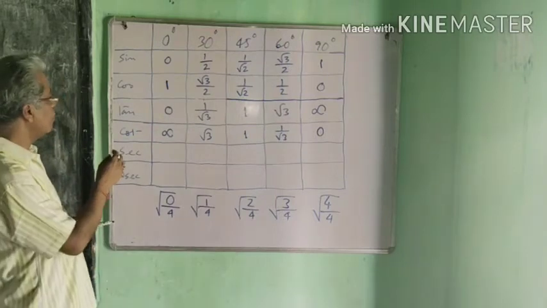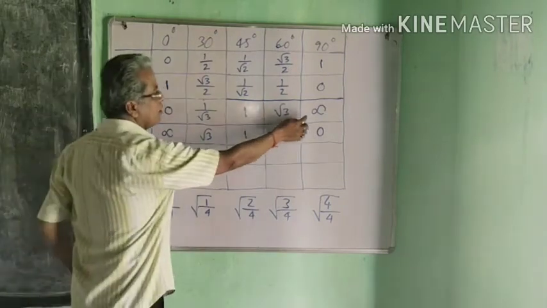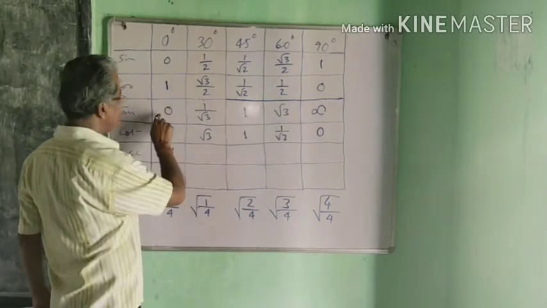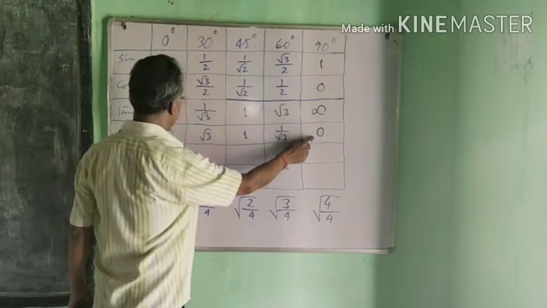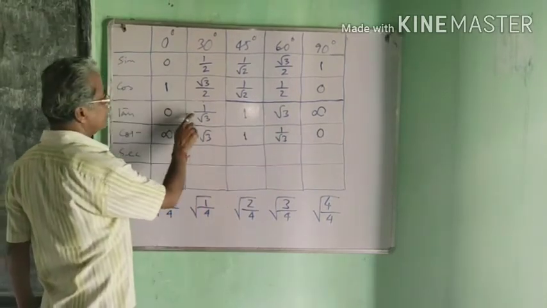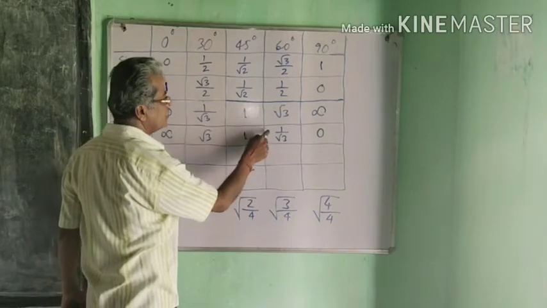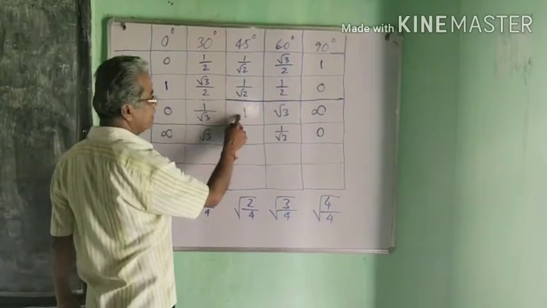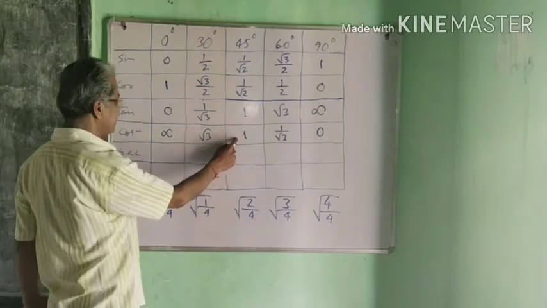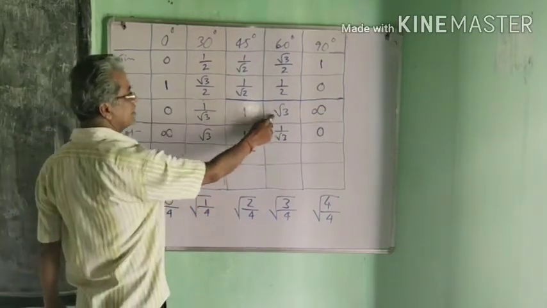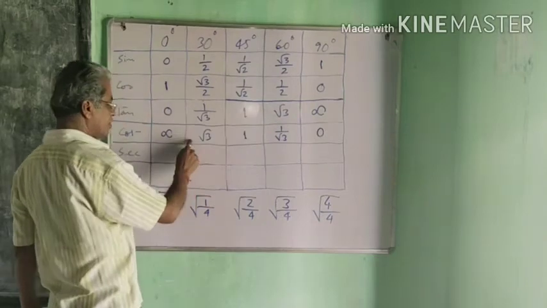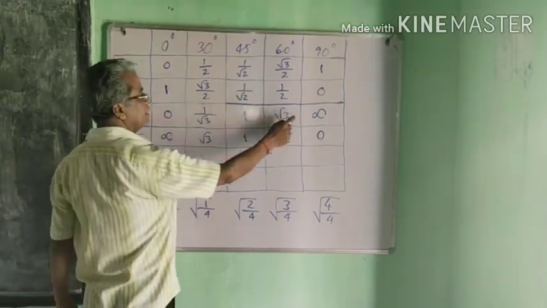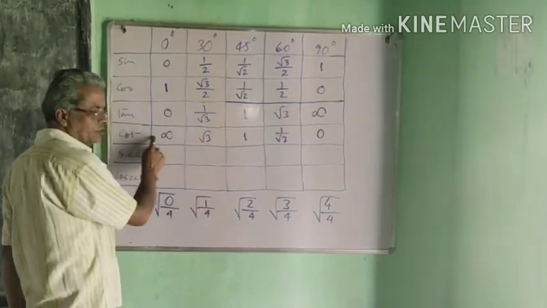Thus we have found out tan 0 degree is cot 90 degree, tan 30 degree is cot 60 degree, tan 45 degree is cot 45 degree, tan 60 degree is cot 30 degree, and tan 90 degree is cot 0 degree.